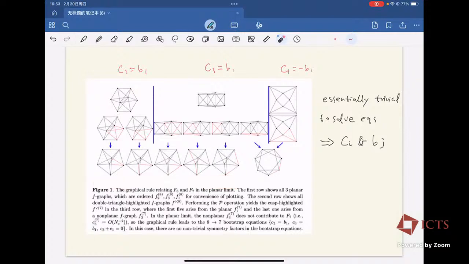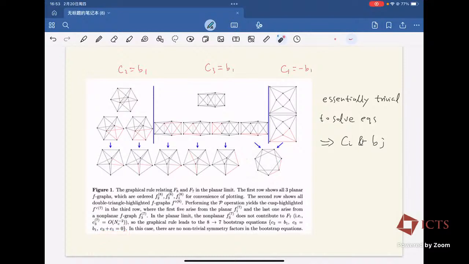So you see that the coefficient of this one must equal the only coefficient at 7 points, which I call B1, and the coefficient of this one also equals B1. But then there's this way of pinching that reaches the non-planar graph, same for the third graph. So it tells you that the second and the third graph have to add up to 0.